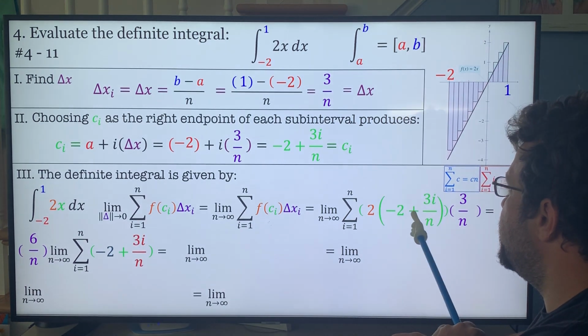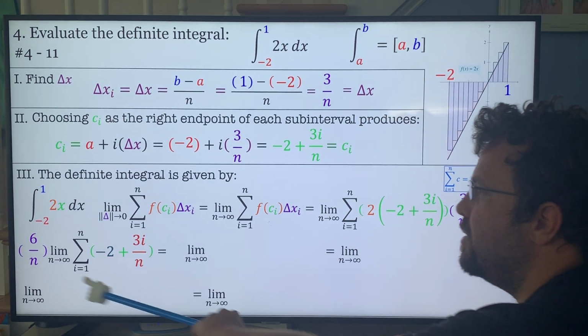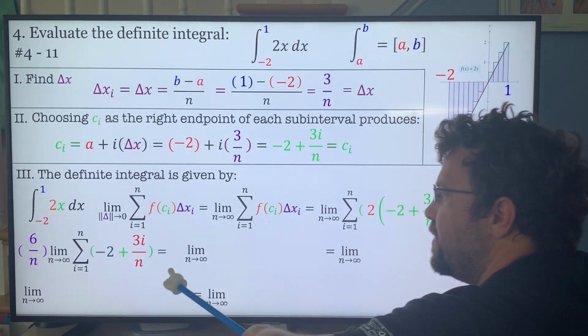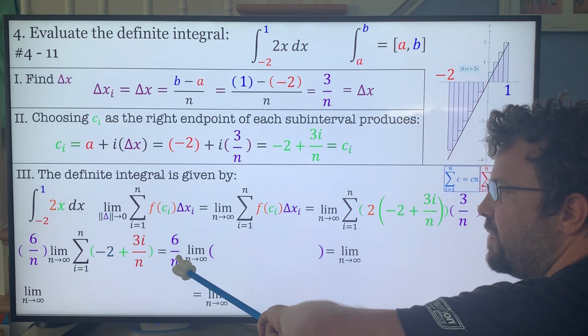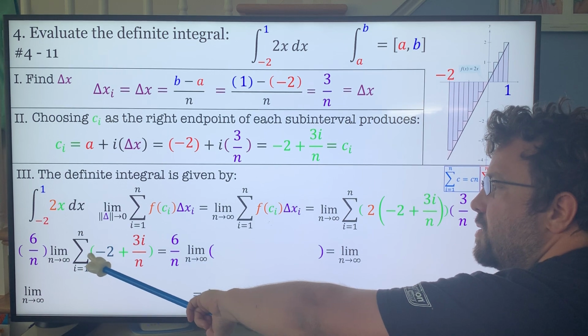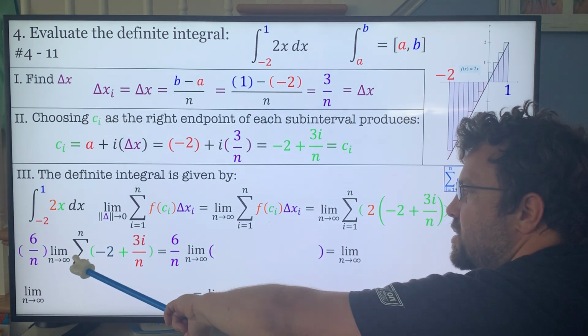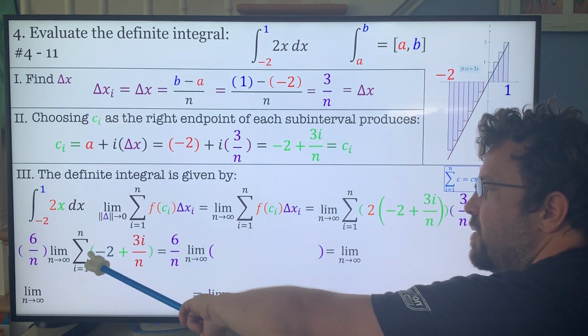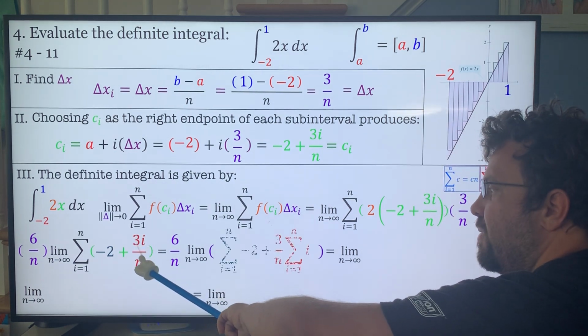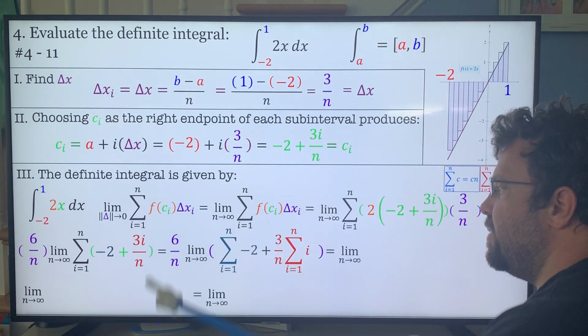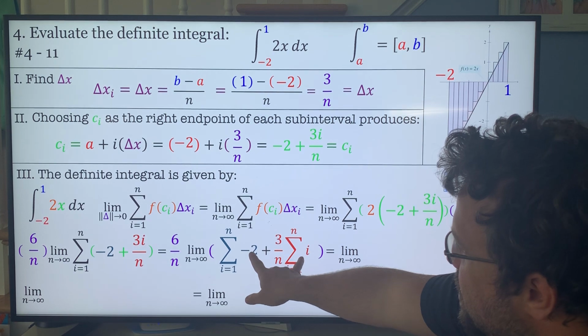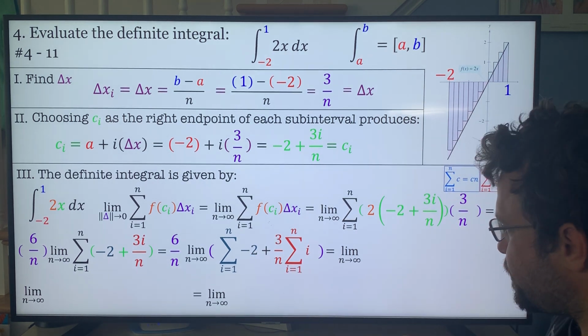And then you've got your negative 2 plus 3i over n. Now, my 6 over n stays out front, and that's the key. You've got to keep it out front to the end. So I'm going to summate both of these. This is a sum of negative 2, and the sum of, I could take out my 3 over n and keep my i. So here are my summations, the constant and my i.